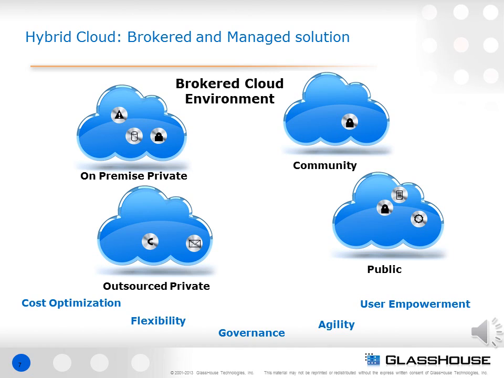The users going to a broker get access to multiple different clouds, giving them much more choice about where they want their applications to be deployed. And then governance and reporting can be improved by adding in a cloud management platform to really report on what's happening and the usage of your brokered environment.